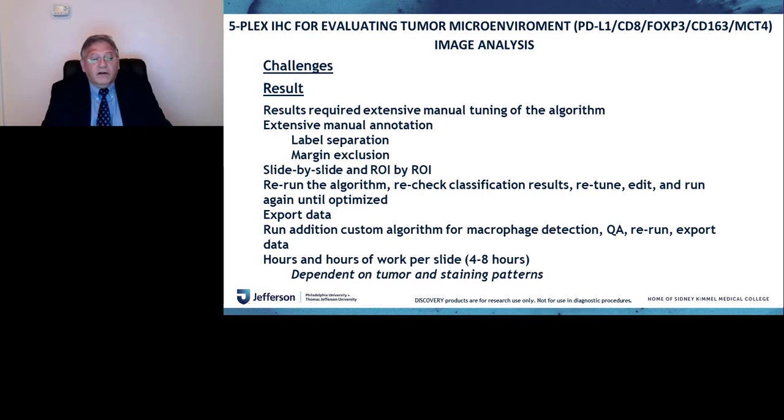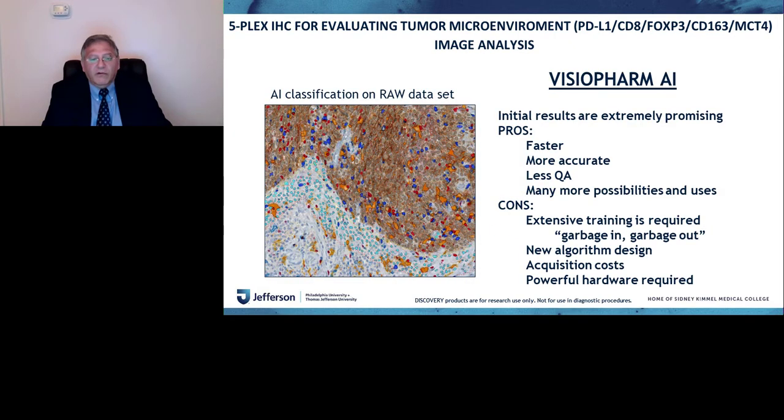And with all this in mind, we got in touch with Visiopharm, and Visiopharm were nice enough to let us use their artificial intelligence module. And here we're talking about a completely different world now. By using the artificial intelligence module, things are much, much easier.